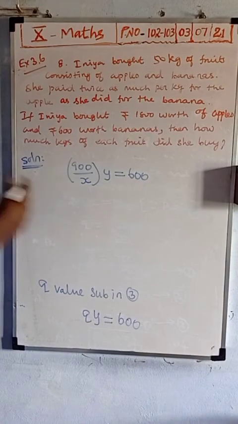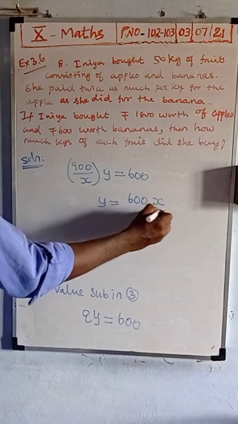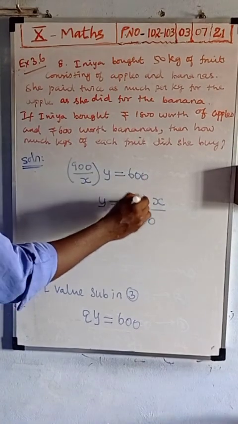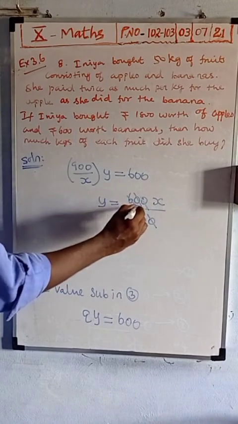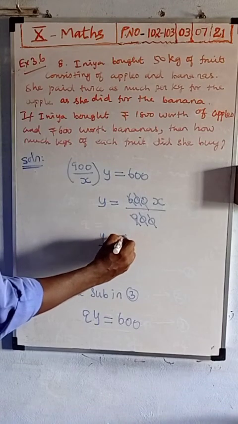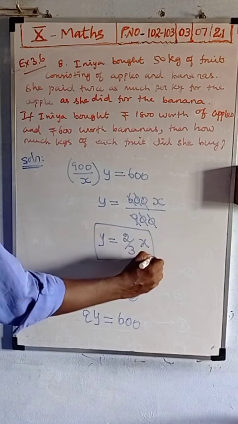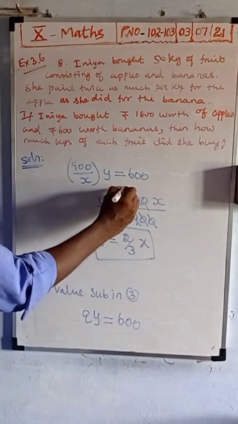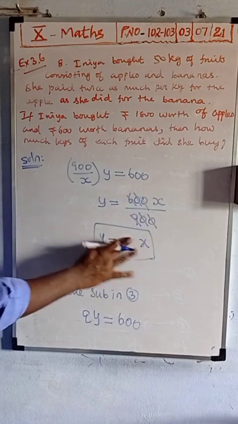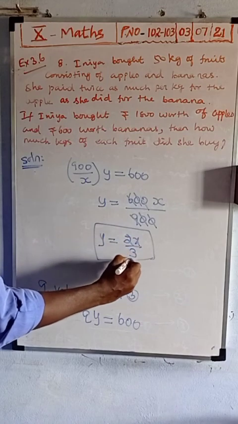Now you want y, so y is equal to 600x divided by 900. x goes to the numerator, 900 to the denominator. Now cancel, you get 2 by 3. Y is equal to 2x by 3.